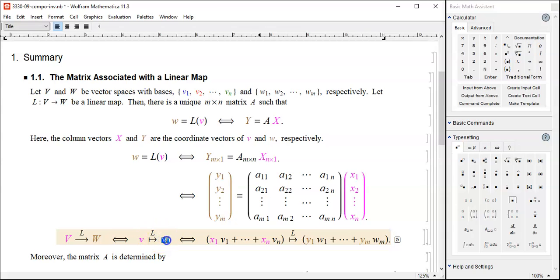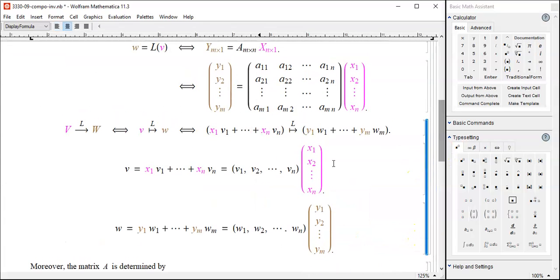So if you get W, which is L of V, then it belongs to capital W, so it should be generated by w1 through wm. So we have the linear combination y1 w1 plus all the way over to ym wm, and that linear combination expression is unique, and that's called a coordinate expression, and it's customary to express it as a column vector y1 through ym.